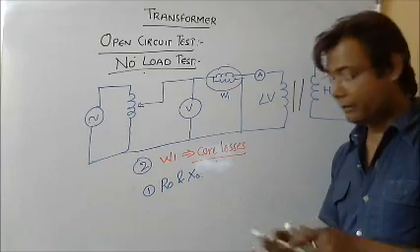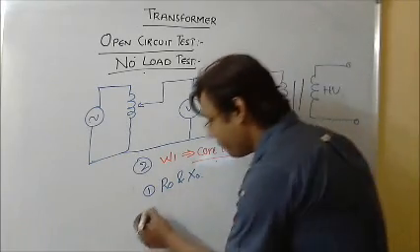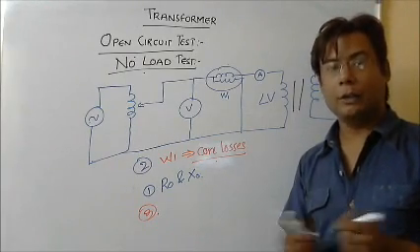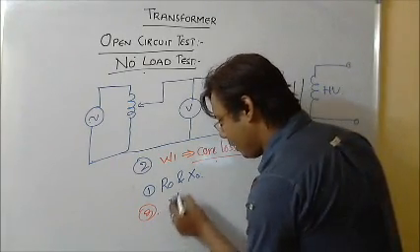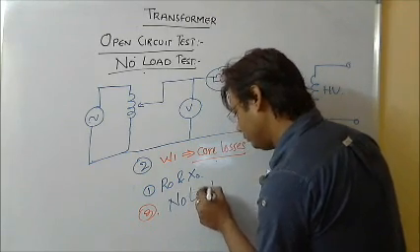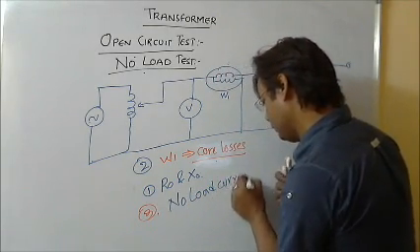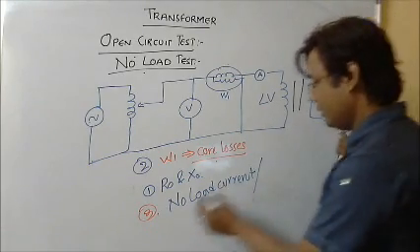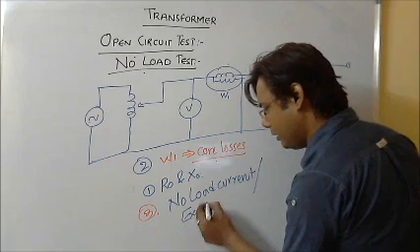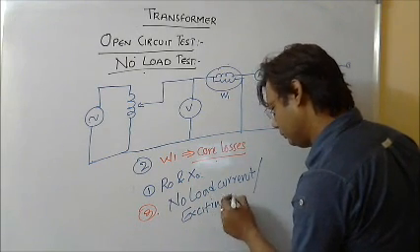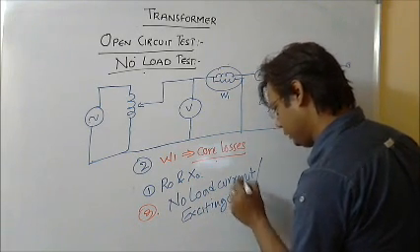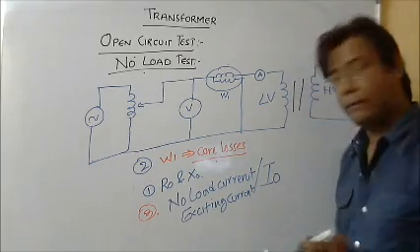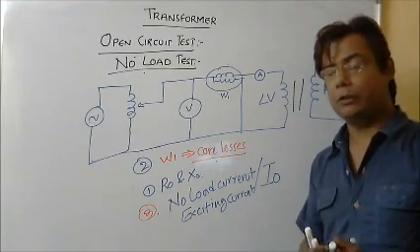Third thing, since the current is very low, that is called the no load current, or which is also called the exciting current, which I will denote by I0, as we have seen previously also.